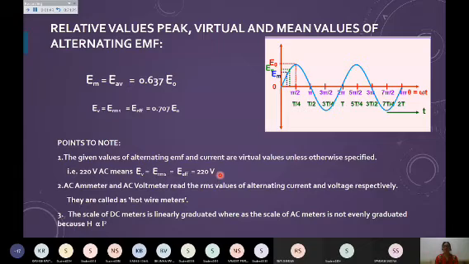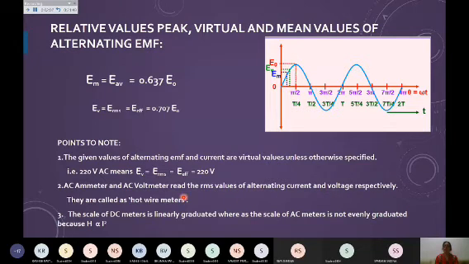So that is one point we always discuss in the disadvantages of AC. Second thing, when I'm using the AC ammeter or AC voltmeter, they are reading again the RMS value. RMS value means effective value, so effective value or RMS value meaning is the same.